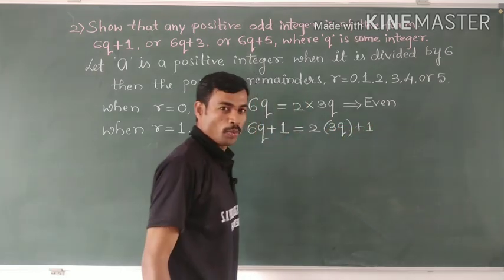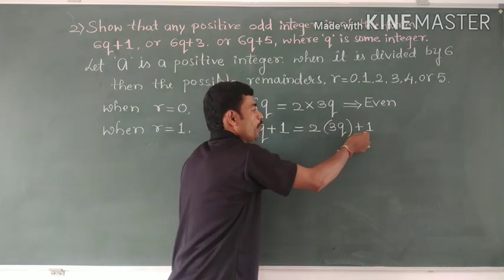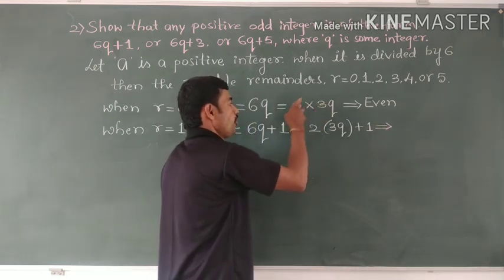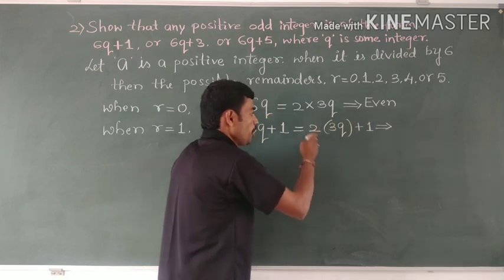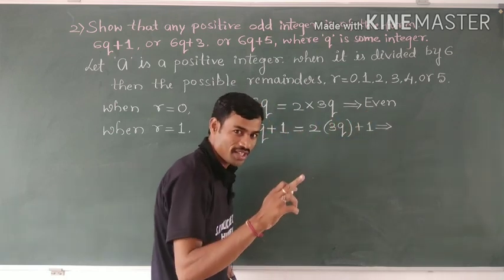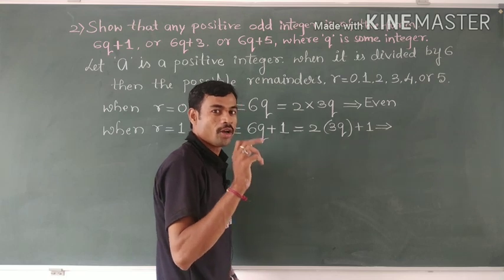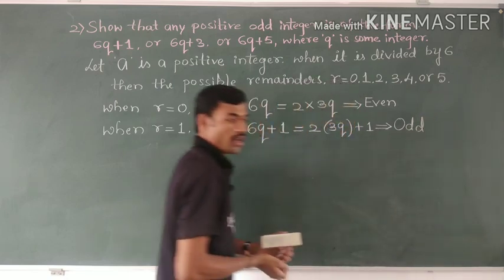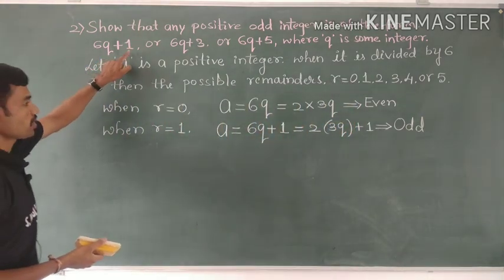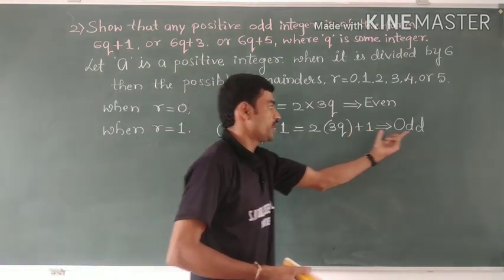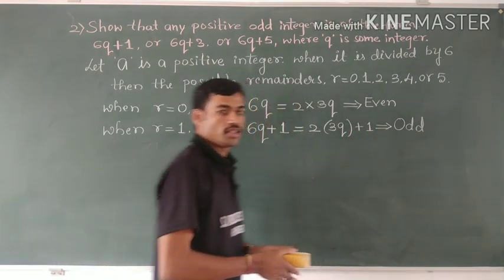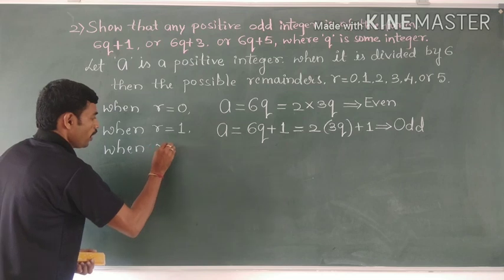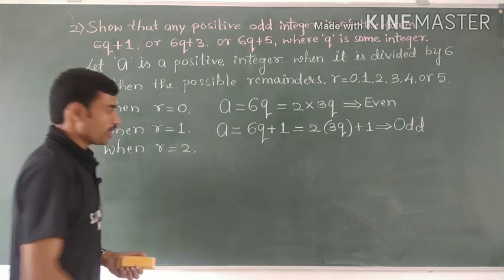If it is a multiple of 2, then it is even; a multiple of 2 plus 1 makes it an odd integer. It shows that 6q plus 1 is a positive odd integer.